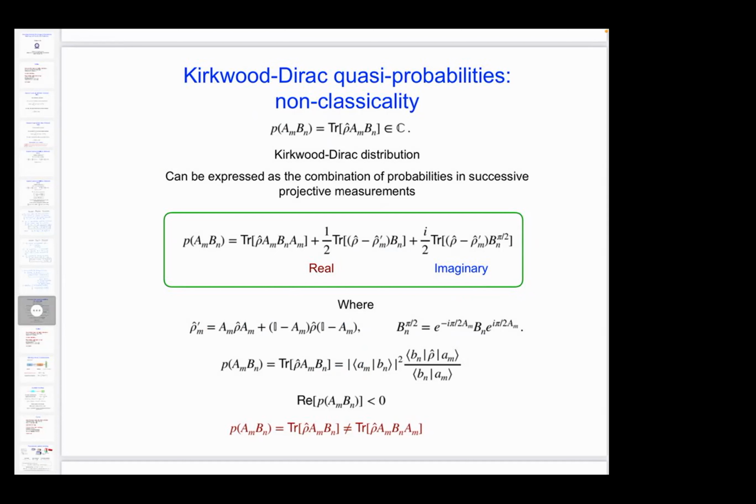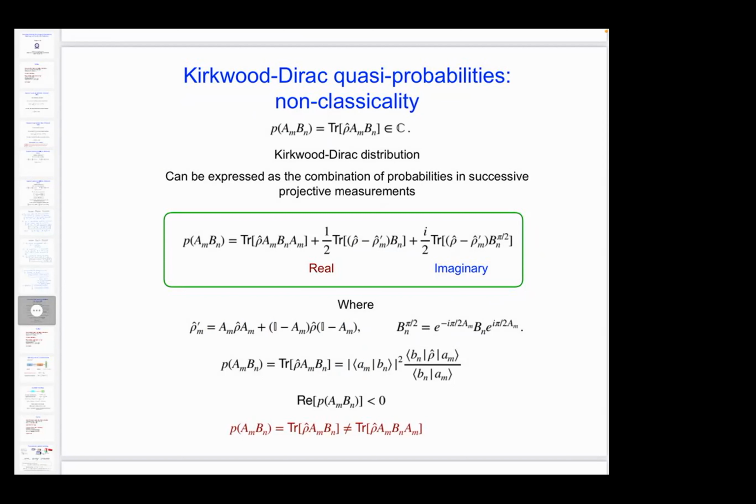So you are taking the expectation value of Bn with respect to the pre-measurement state and with respect to the post-measurement state. This is how you can compose the total information in the Kirkwood-Dirac quasi-probability distribution with the Wigner formula and some additional part. So this is like this. It is very obvious, as I have shown you earlier, what this rho m prime is and what this Bn pi by 2 is.